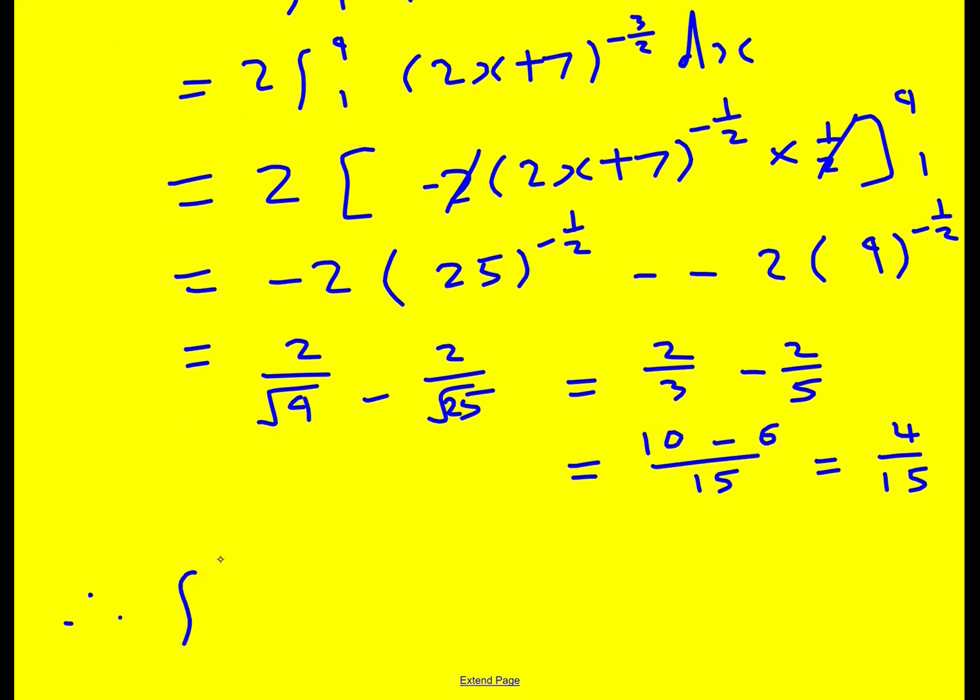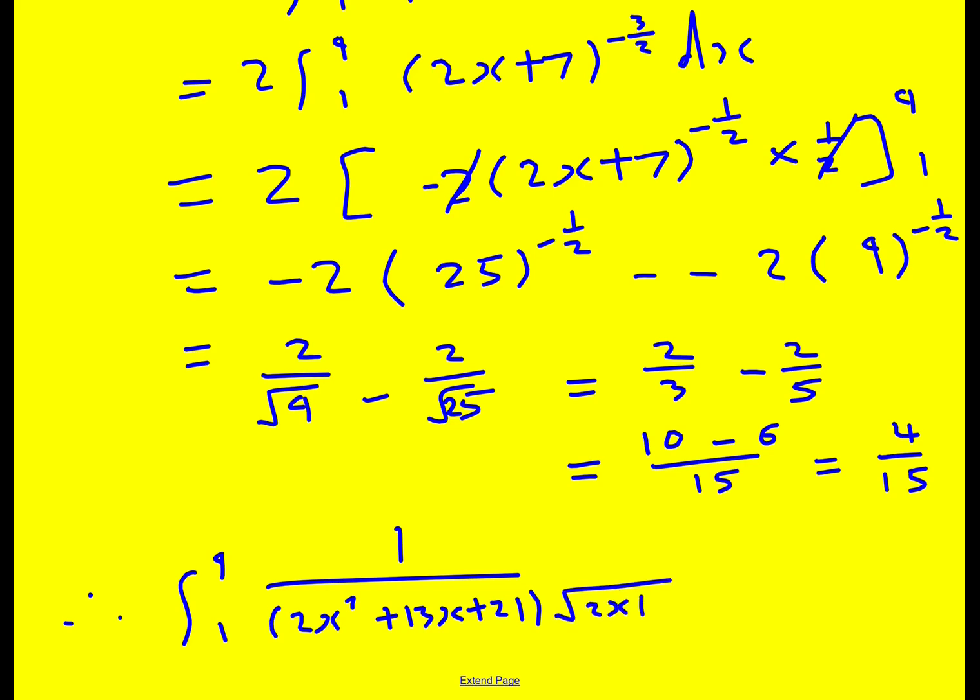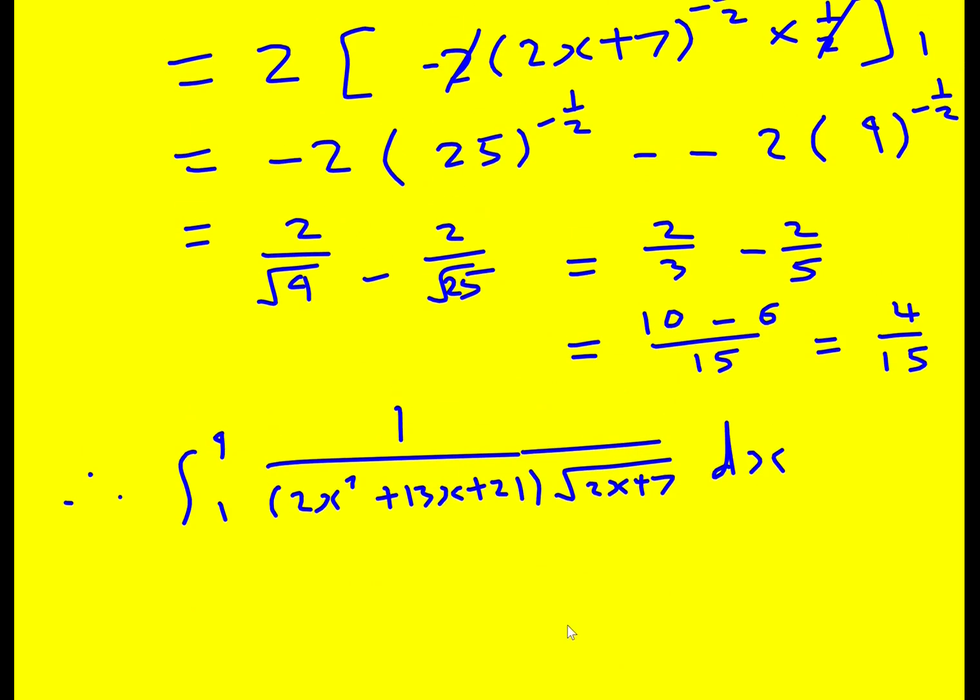So the integral from 1 to 9 of 1 over 2x squared plus 13x plus 21 multiplied by root 2x plus 7 with respect to x is equal to ln 4 over 3 minus my second integral, 4 over 15.